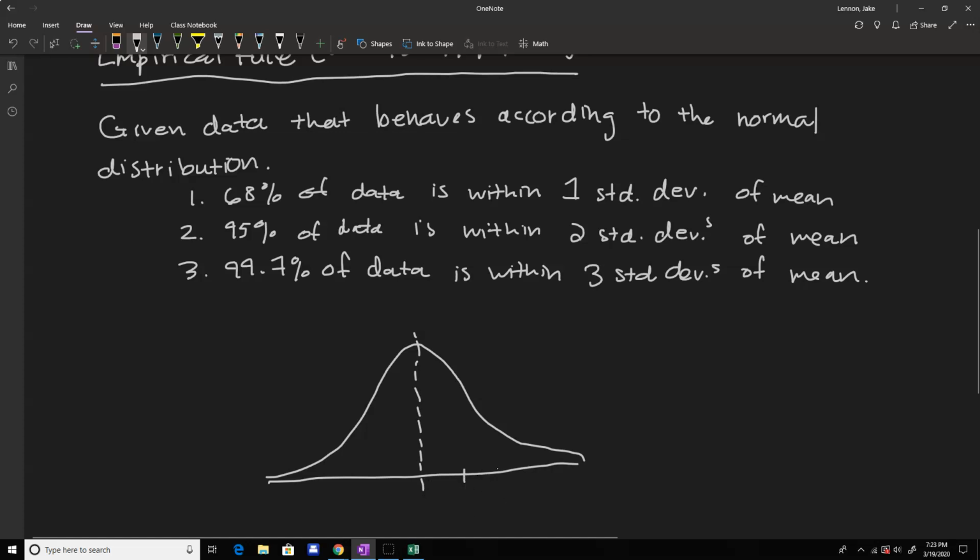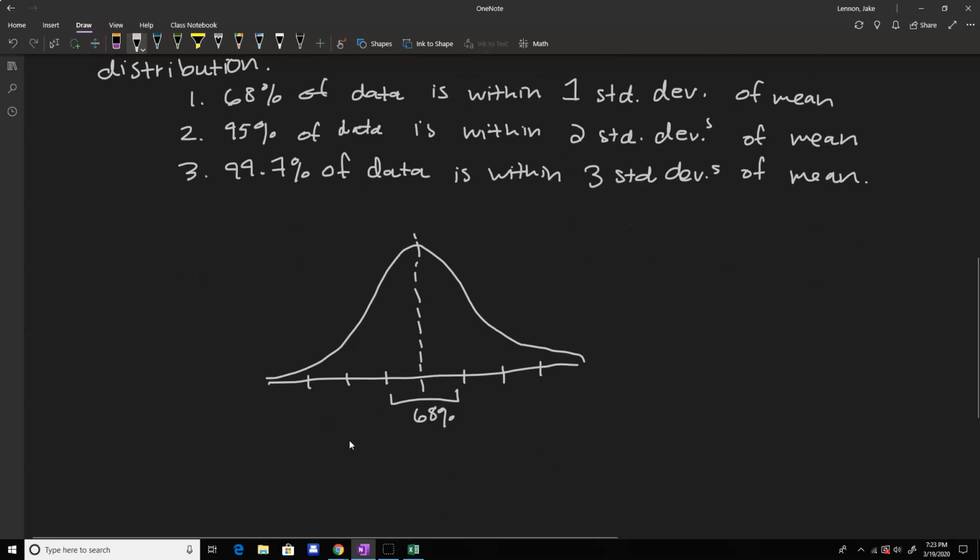So you have 1, 2, 3 lines on this side, and then you have 1, 2, 3 tick marks on this side, and basically between the first tick mark on either side, we've got 68%, and then if you would go from the second one over to here, we've got 95%, and then if you look from here to here, you've got almost everything, 99.7% of all observations. Now we can use some symmetry arguments to figure out more probabilities than just 68, 95, and 99.7. And we'll see how to do that through some examples.